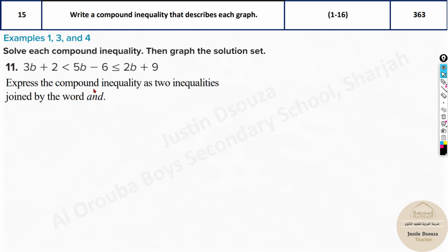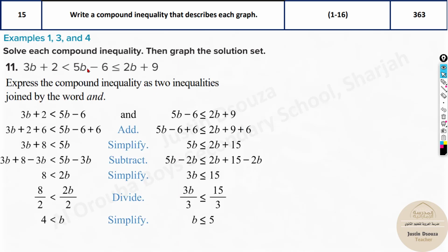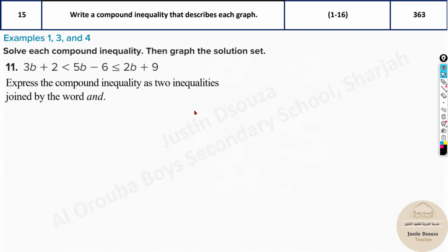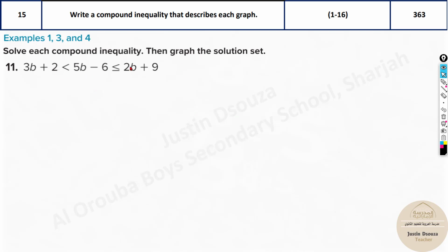And over here, we have done similar ones, so please do solve them again. Now don't go and directly add 6 by the method which I told you. You can do that and simplify, but you won't get the exact answer. So it's better to take it separately: this and this, this and this. Why? Because 3b plus 2 less than 5b minus 6, and again 5b minus 6 less than or equal to 2b plus 9.